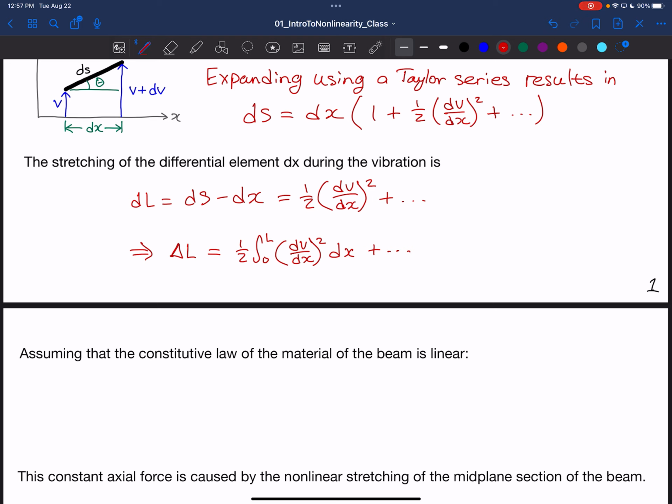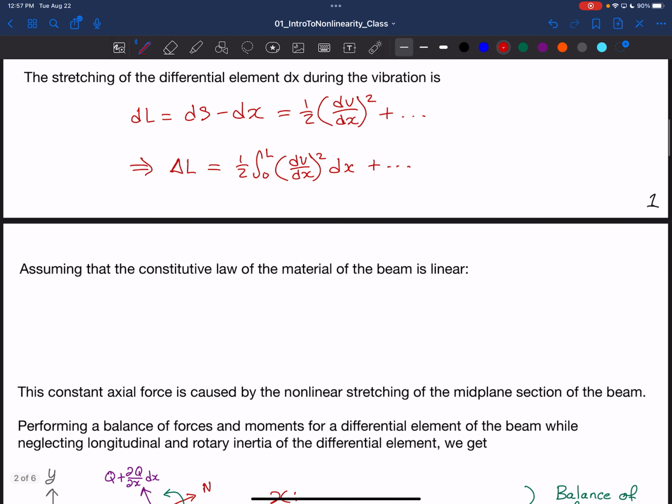Okay, so we're now going to assume that the constitutive law of the material is linear, and that tells us that the stress, or sigma, must be equal to the elastic modulus, big E, times the strain, or epsilon, which in this case we'll just define as a simple strain being the change in length divided by the original length.